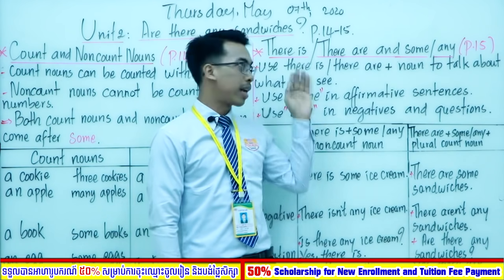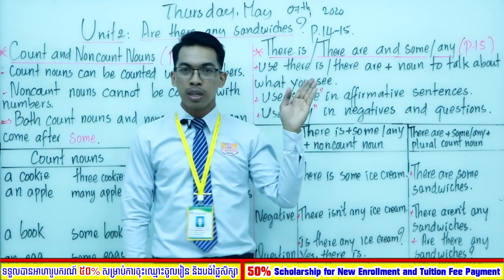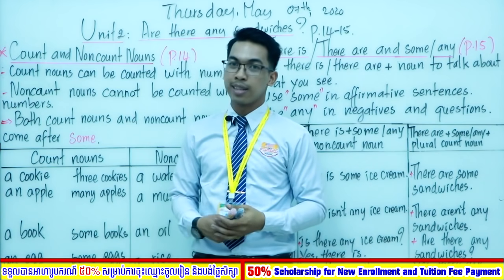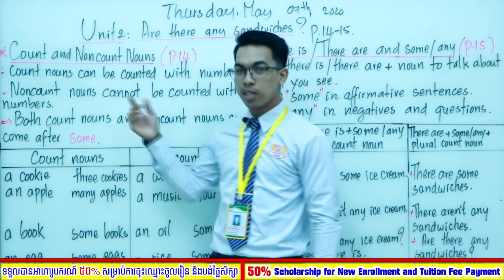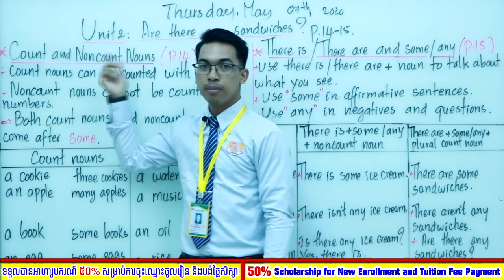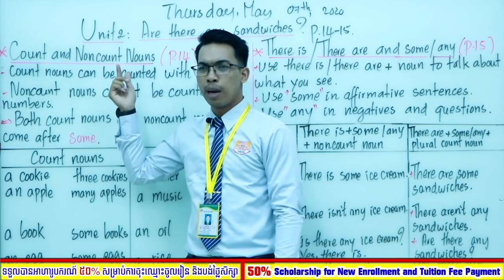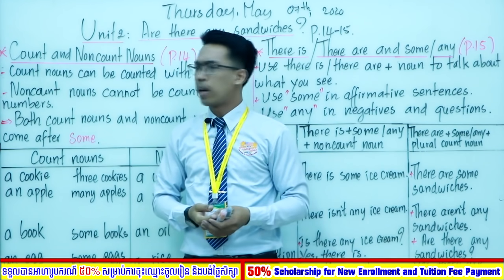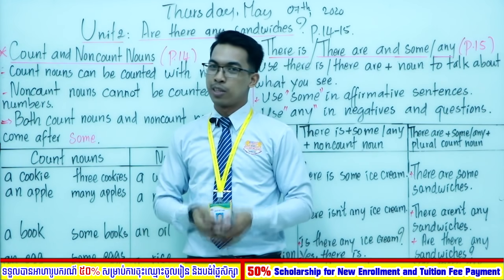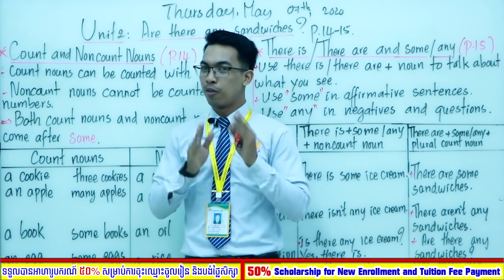Everyone, please pay attention to my right-hand side, which is about the first objective: count and non-count nouns. Do you feel doubtful, like what are count nouns and what are non-count nouns? You will learn soon.